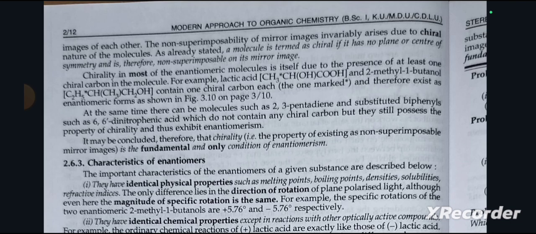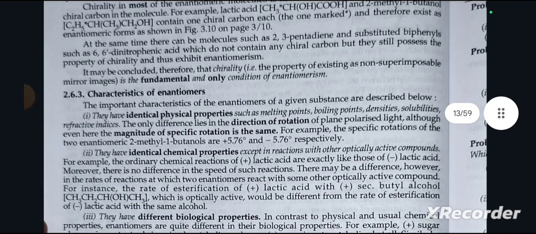Chirality in most of the enantiomeric molecules is itself due to the presence of at least one chiral carbon in the molecule. For example, lactic acid, CH3*CH(OH)COOH, and 2-methyl-1-butanol, C2H5*CH(CH3)CH2OH, contain one chiral carbon each, the one marked with a star, and therefore exist in enantiomeric forms as shown in Figure 3.10 on page 310.